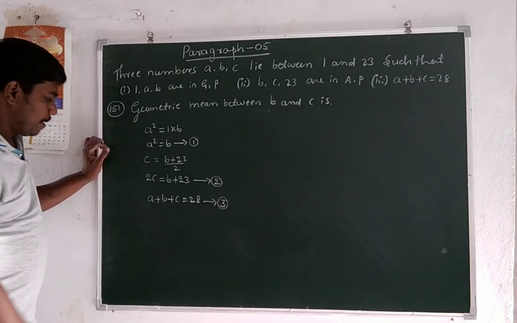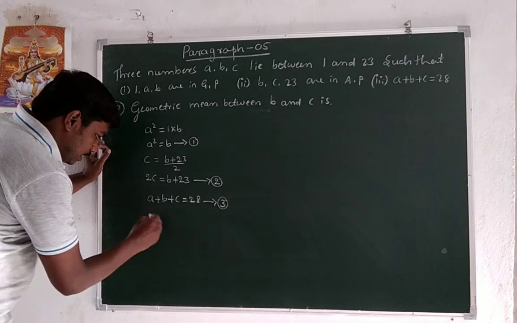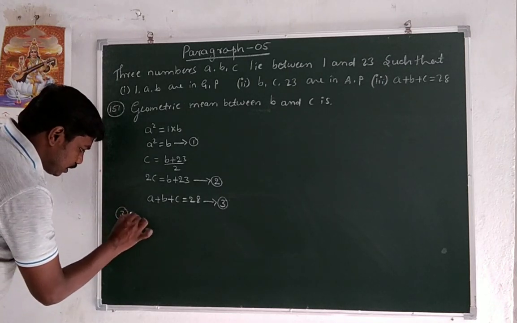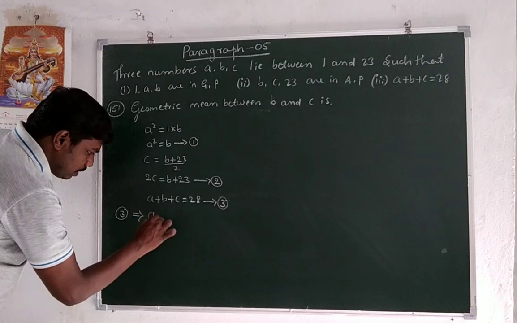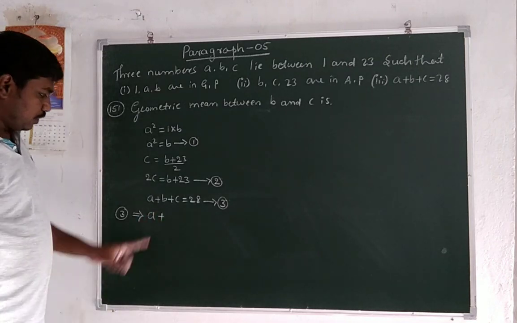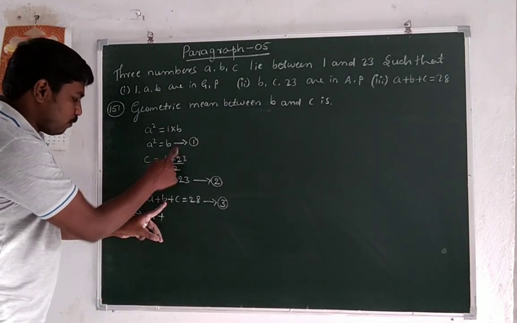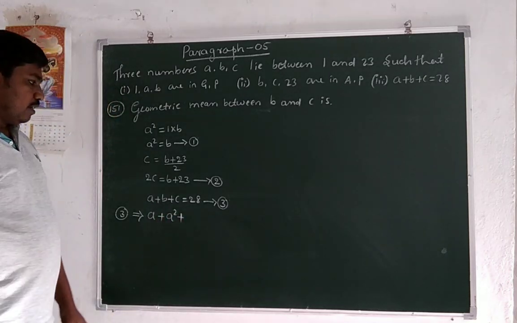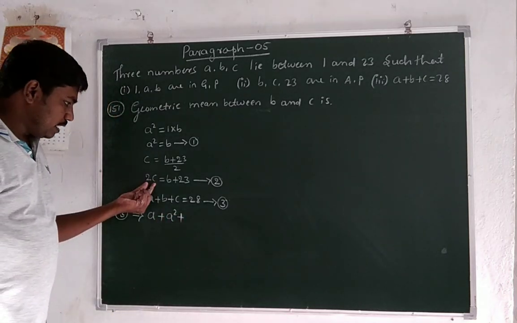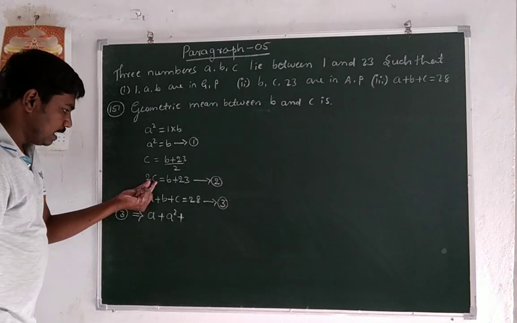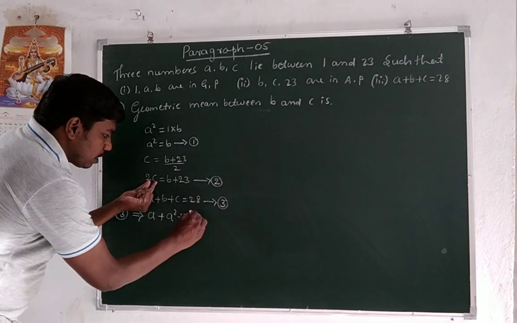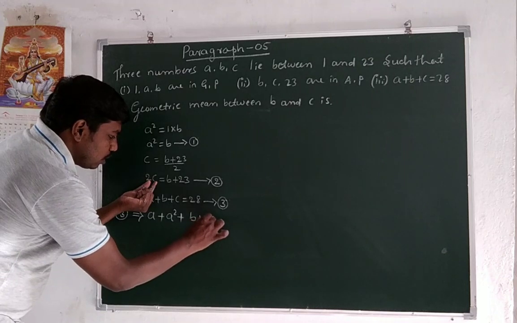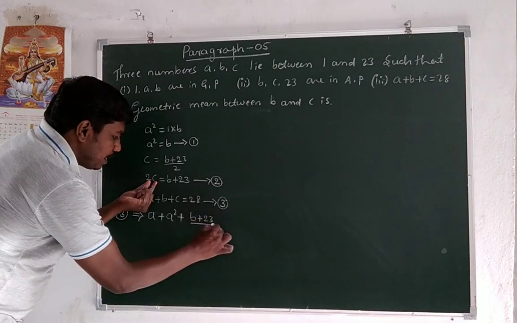Okay, look at equation 3. What is B from equation 1? B is A square. And what is C? From equation 2, C is equal to (B plus 23) divided by 2.